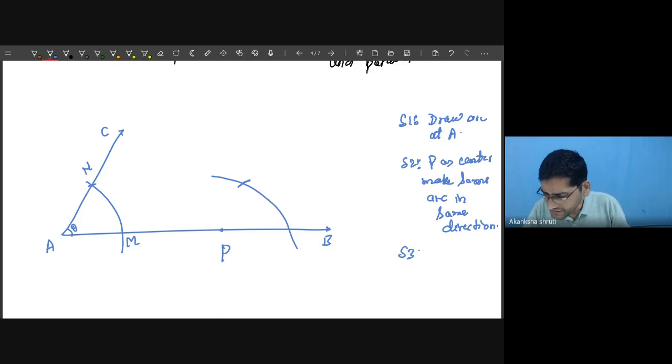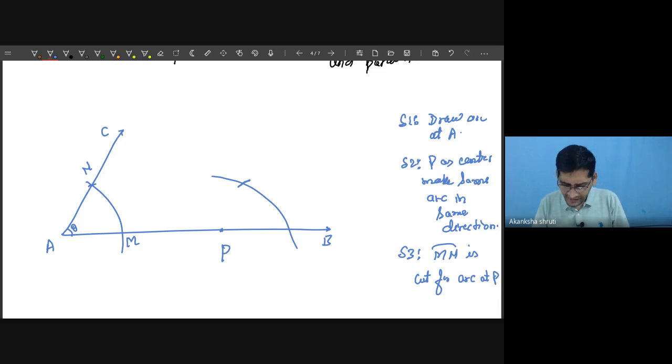So write down step number 3. Measure arc MN and cut the same arc at P. Let us call these points X and Y, that is arc XY.